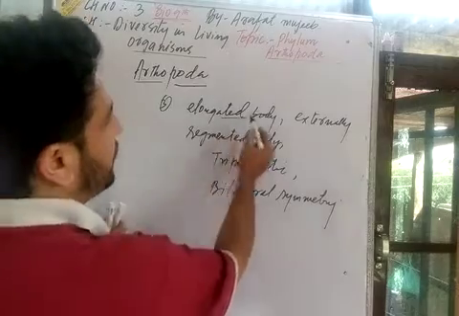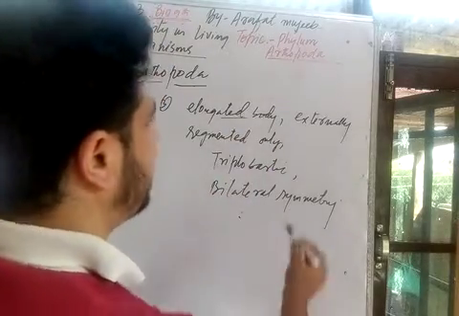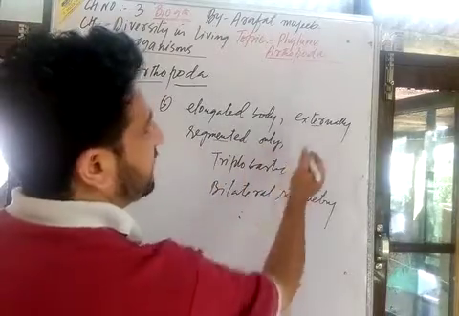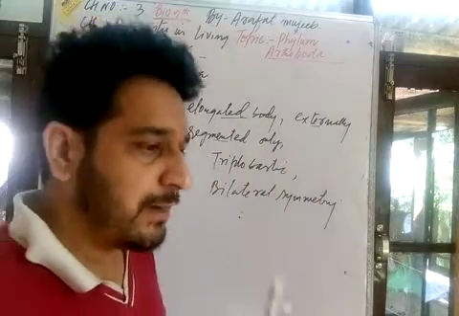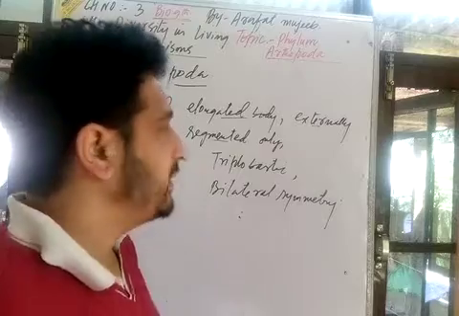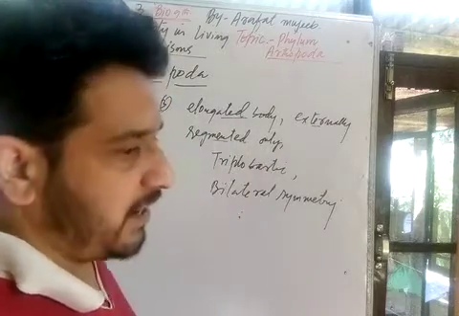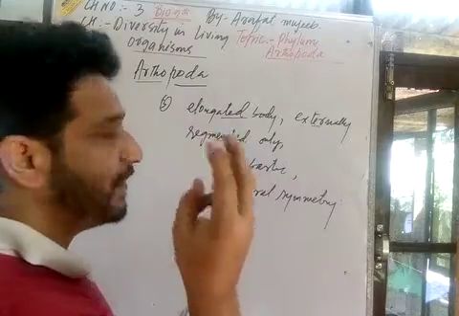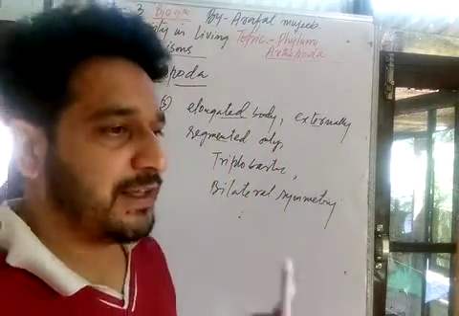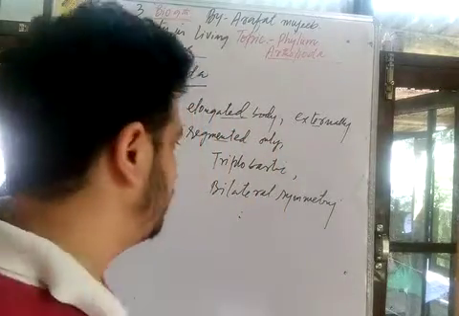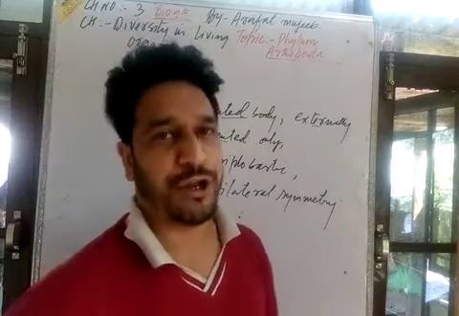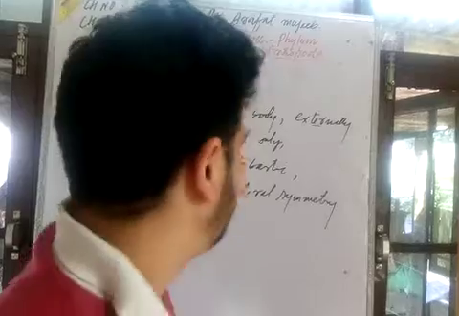Body is elongated and they have only external segmentation. Annelida में हमने देखा they are internally divided, but in them they are externally segmented, triploblastic. That means they are made up of 3 germ layers: ectoderm, endoderm, mesoderm, and they have bilateral symmetry. That means body can be differentiated into 2 equal parts.